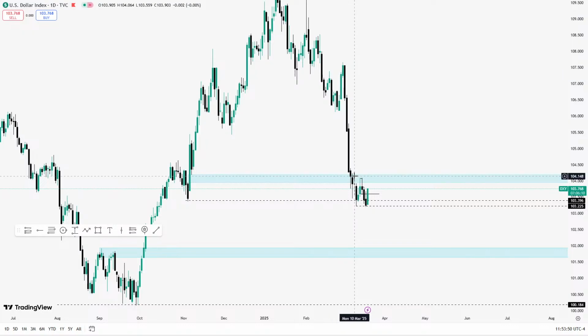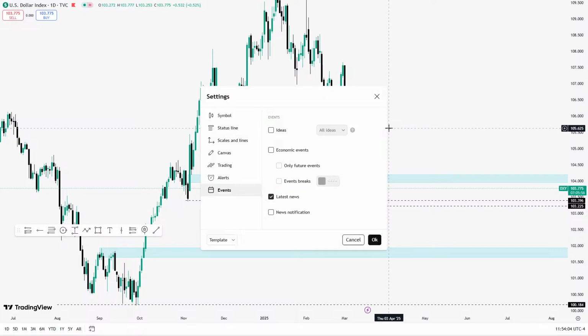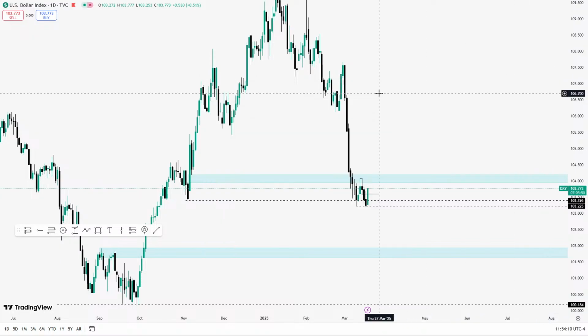Right above here, we like to see the dollar mitigate all of that price delivery with at least 50% price mitigation, and we were looking to see if the dollar can get into that internal range inefficiency. Just then we'll be looking to sell the dollar more because we are in a bearish market at the moment.